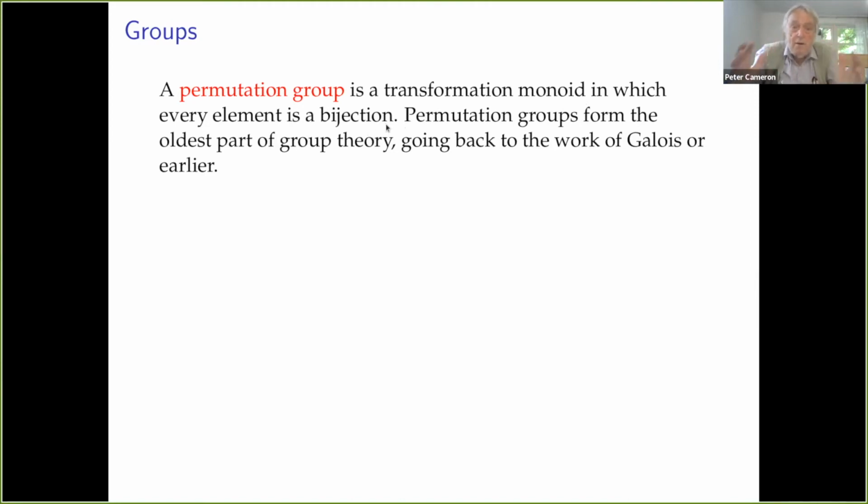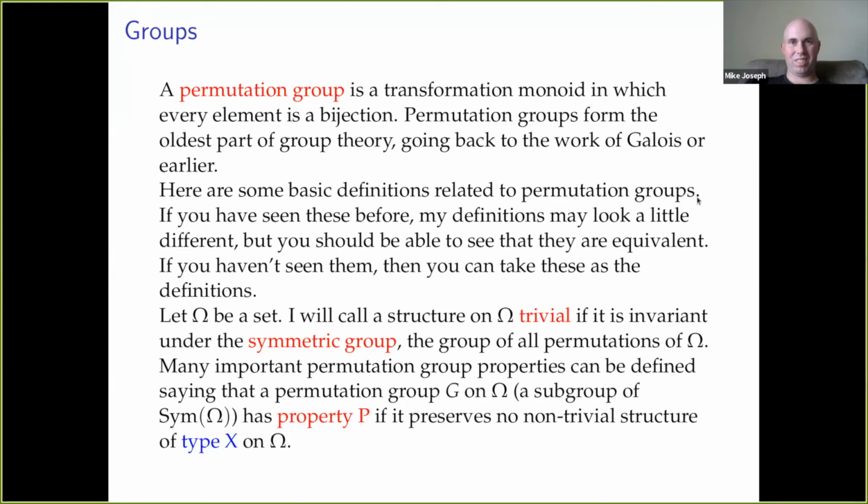And because I'm only dealing with finite sets, right, I'll start from the top of this slide. We're going to define basic properties of permutation groups in a more or less set-theoretic way. So I have a set omega, and I'm going to talk about various kinds of structures on omega, which could be graphs or something else. And I'll call such a structure trivial if it's invariant under the whole symmetric group, right?